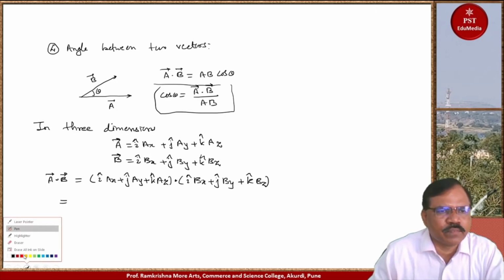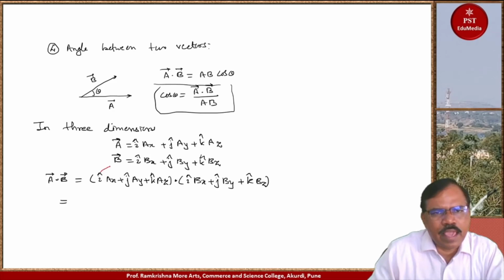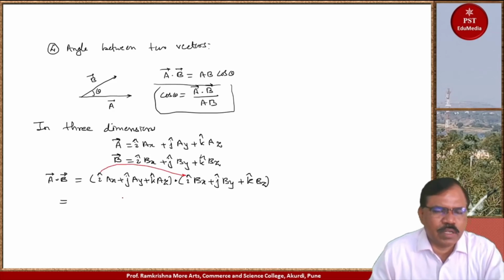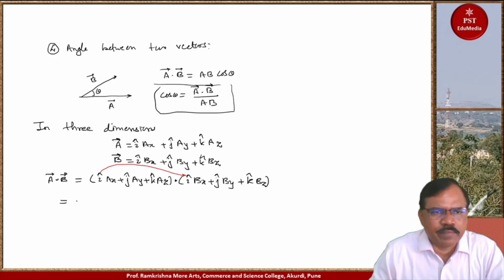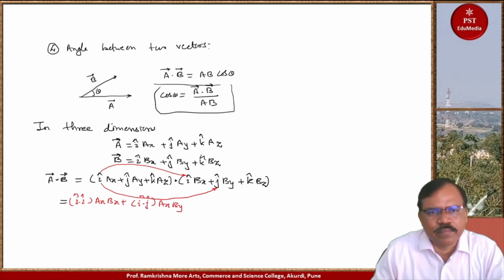So first we will take I Ax dot I Bx. Now Ax and Bx are magnitudes. So we'll get what? I dot I Ax Bx plus what? I dot J Ax By plus this one, I dot K Ax Bz.